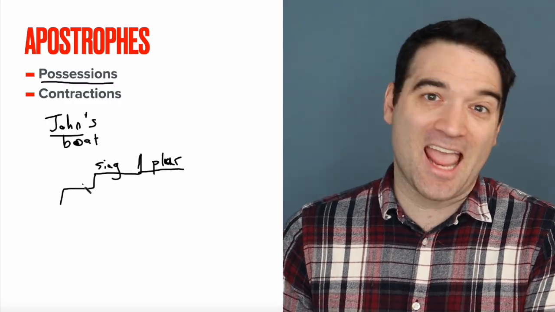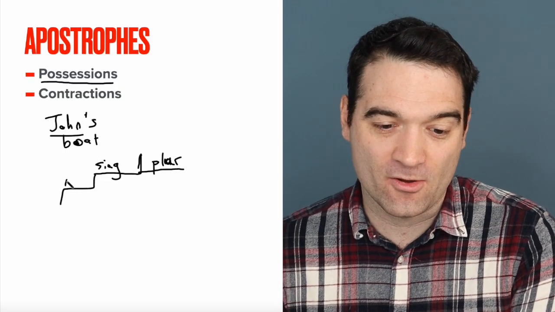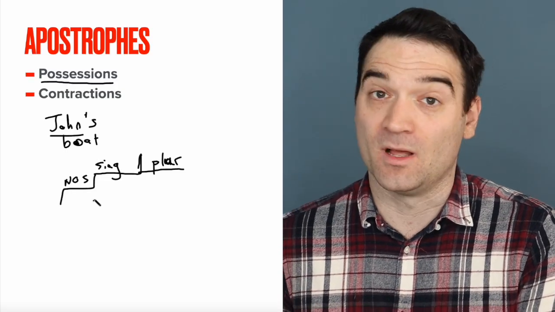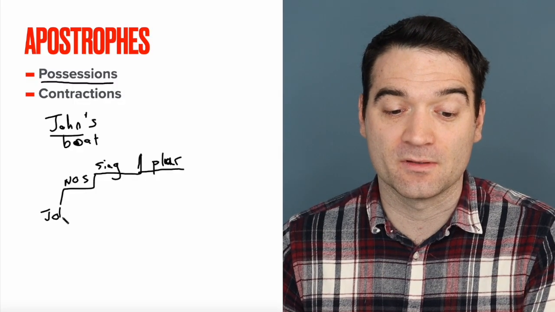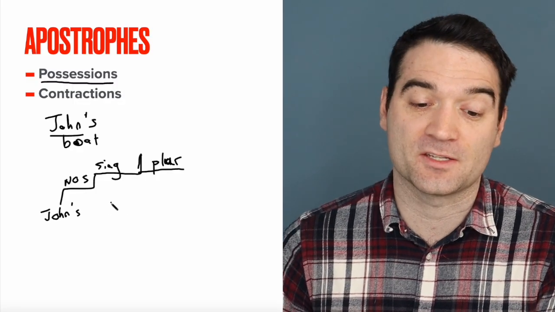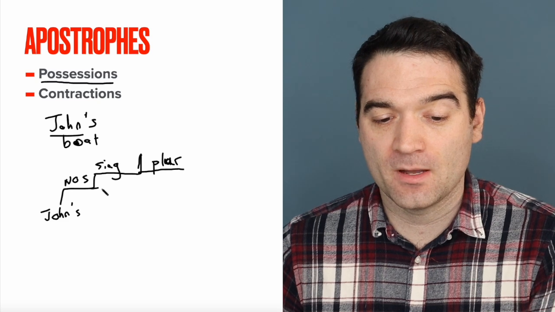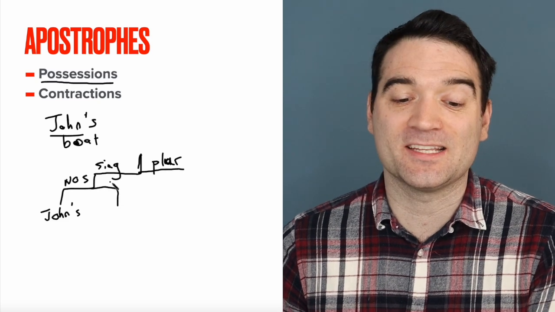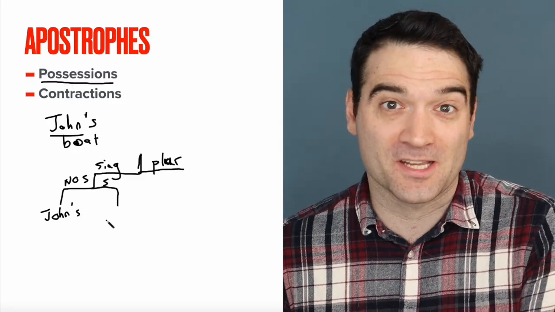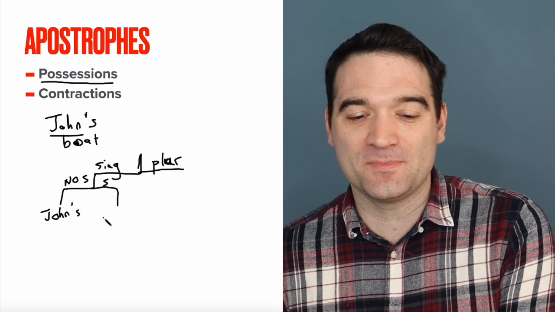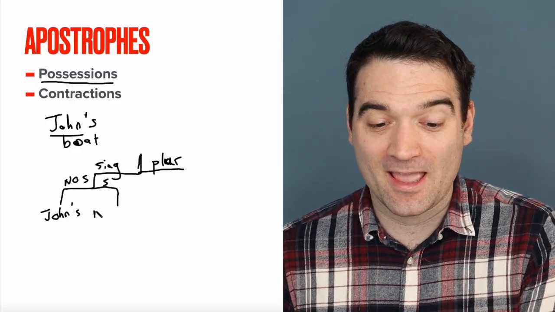So if it's a singular noun that does not end in an S, I'll say no S, well then, you just put an apostrophe S. So you say John's boat. But what happens if it's a singular noun that does end with an S? I'll use Moses again, right? If I'm talking about Moses's boat, here's what I'm going to do. You ready?